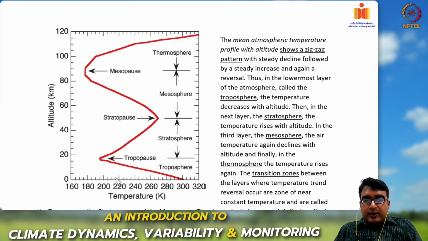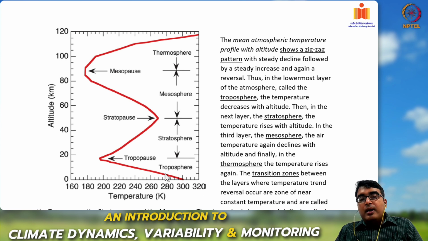And if you see, for the first 20 kilometers of the atmosphere, we see that the temperature drops nearly linearly with increasing altitude. And this region of the atmosphere is called the troposphere. This is the most important region of atmosphere that determines the weather of the world, as most weather related phenomena like winds, cloud formation, convection currents, etc. are occurring in the troposphere.